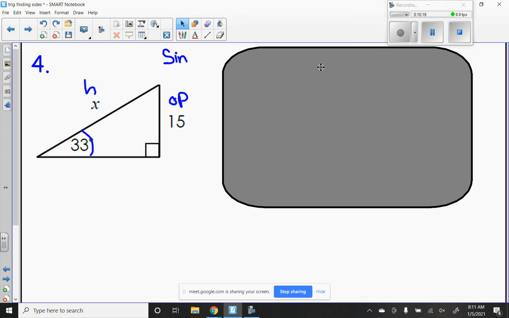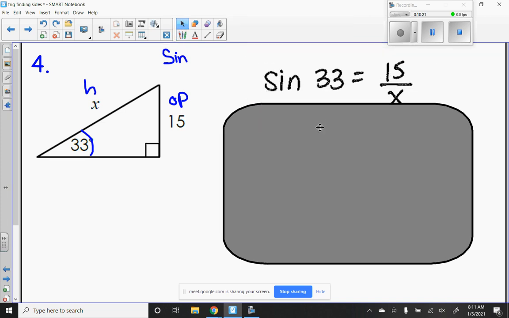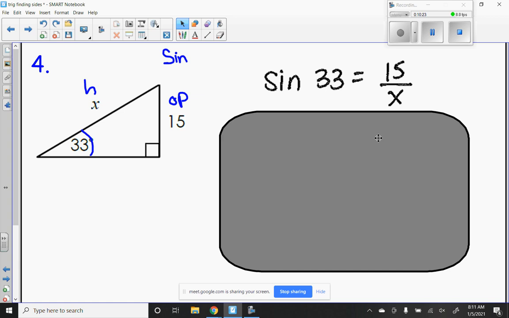But watch what happens when you see this equation. This says sine. I select sine based on opposite and hypo. Put your angle in. And look at our fraction. This is the first time you've seen a variable on the bottom. Okay?